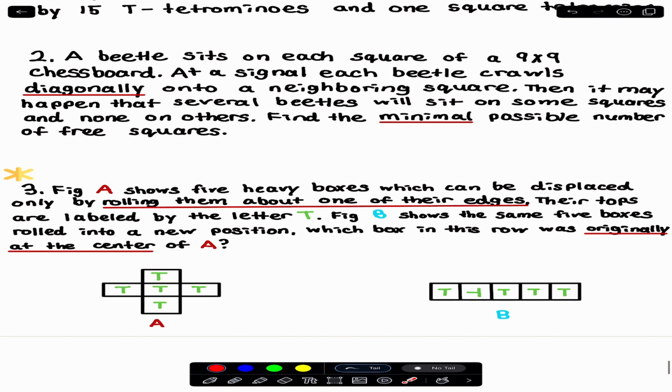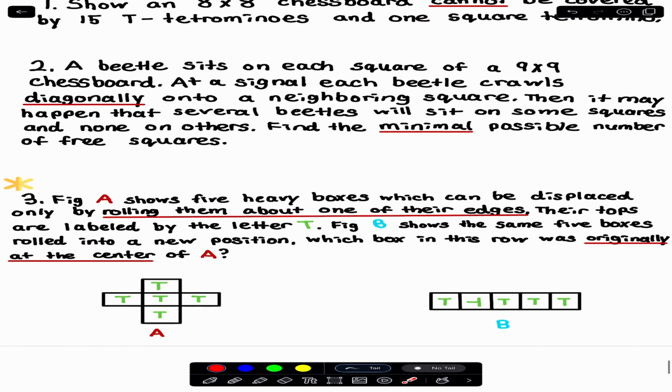So we start in this position, we end in this position, and they're asking which one of these boxes was originally this one. So at the very center, after lots of maneuvering, lots of rolling around, which one of these 5 was here?